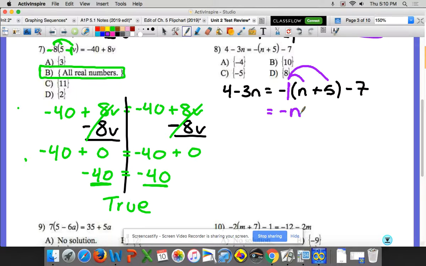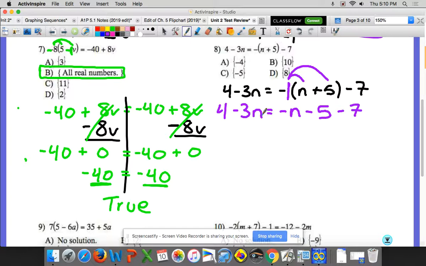And then we have -1 times positive 5, which is going to turn into a -5. Now notice once again, I did not distribute outside the parentheses. Okay, so you can only distribute inside the parentheses. You can never distribute outside. So since we didn't do anything to that -7, we're going to go ahead and bring it down. And since we didn't do anything to the left side, we're going to bring it down.